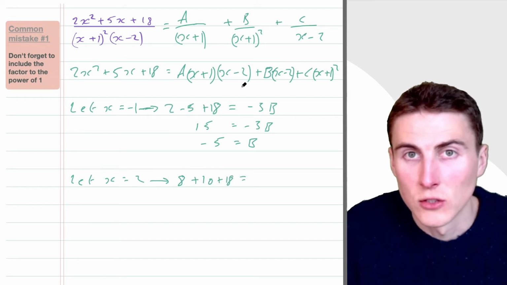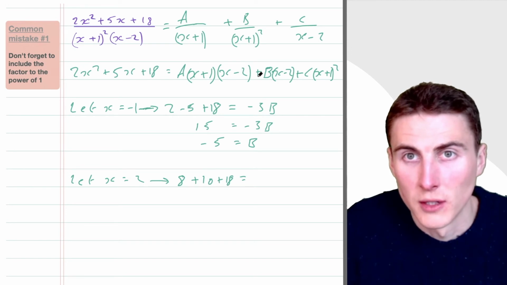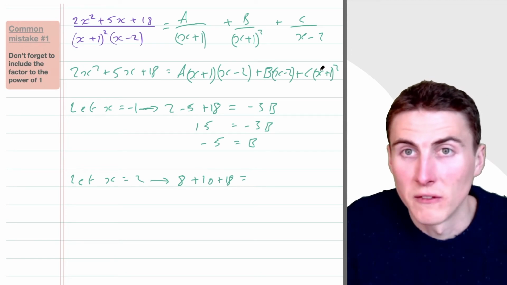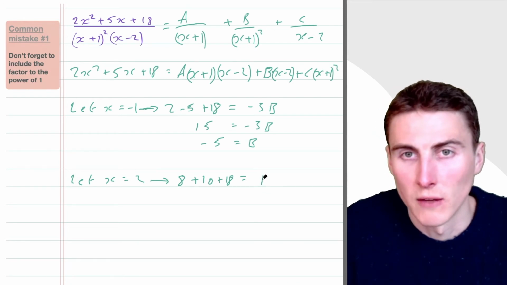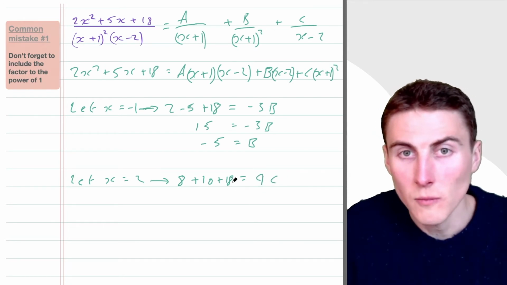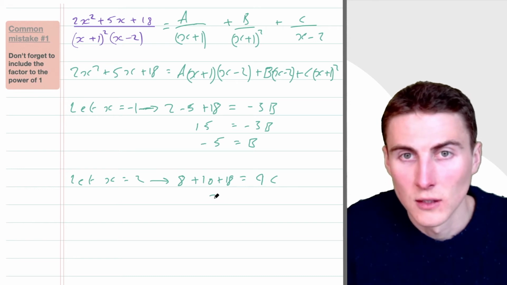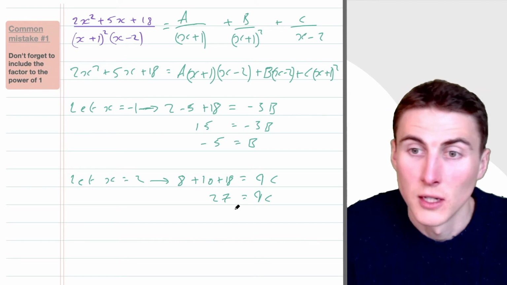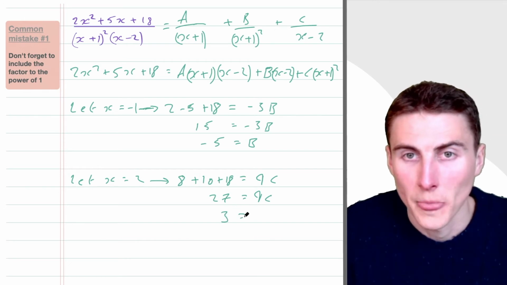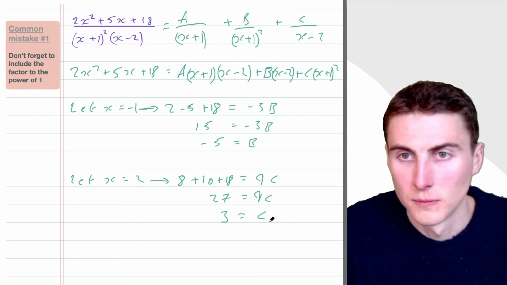And then because we're plugging in 2, this will all disappear, this will all disappear. So all I have left is 2 plus 1, which is 3, 3 squared, 9, so we're going to have 9C. We simplify this, that's 27, so we get 27 equals 9C. Divide both sides by 9, and we get 3 equals C.